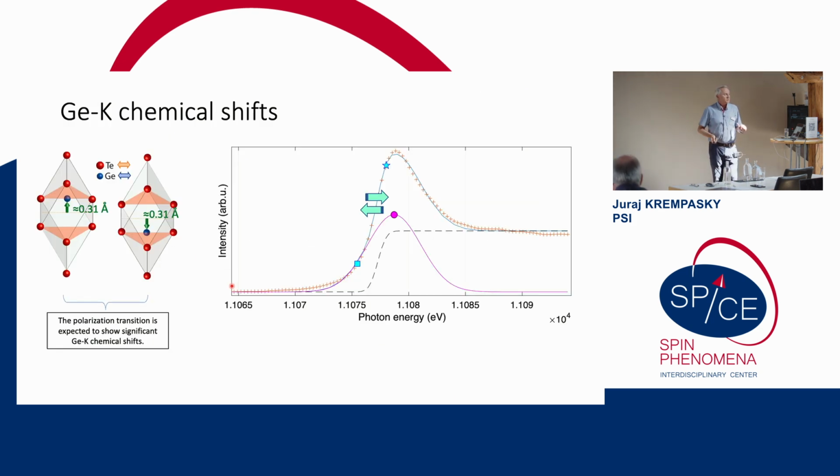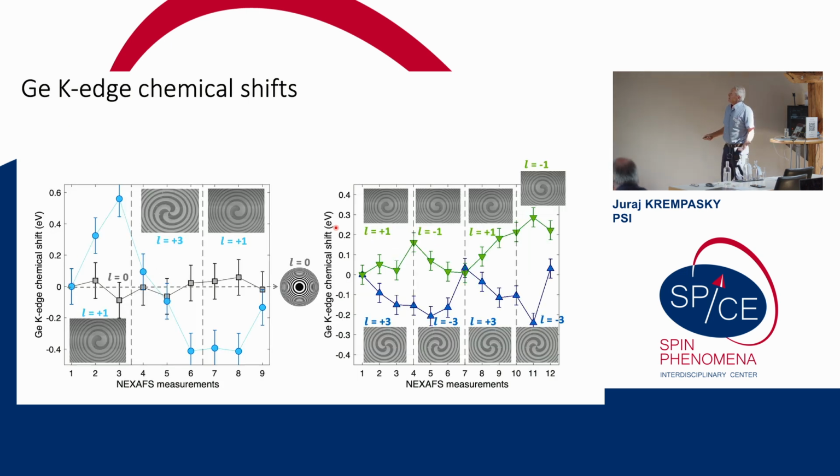Are there other experimental evidences? Let's check how this chemical shift works. If we move the ions, of course, chemical shifts should materialize as shifting this K edge. And here are the data. Let me first draw your attention to this OAM L0. Nothing happens here in shifts.